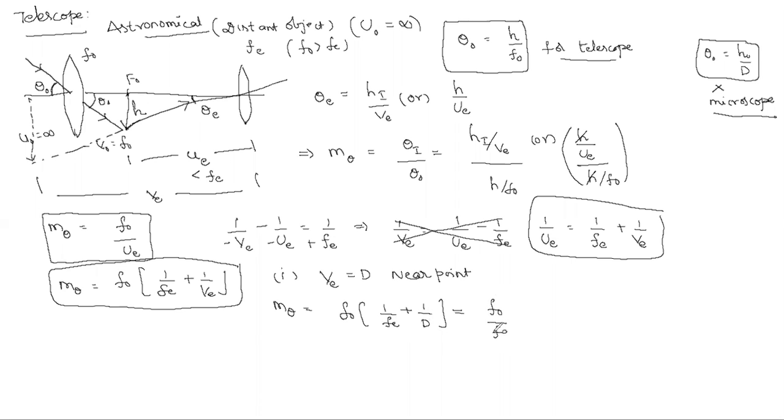If I take FE common, we get FO by FE into 1 plus FE by D. Generally in textbooks, we see this equation.